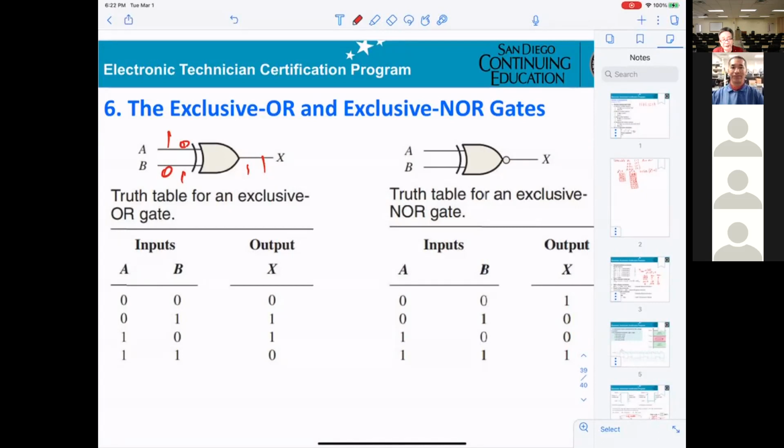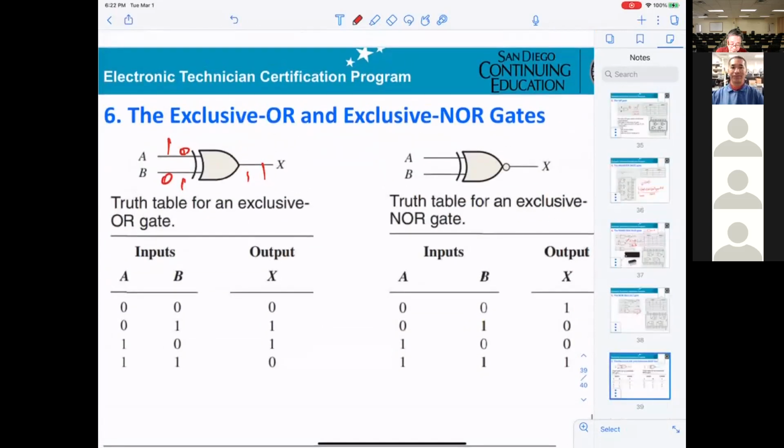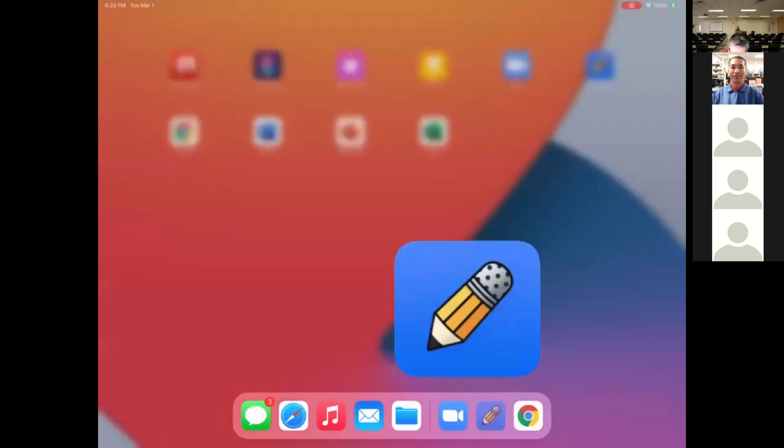If they are the same logic, output will be 0. Okay, that's it for logic gates. And now we can go into another handout, that for Boolean. No, K-map.